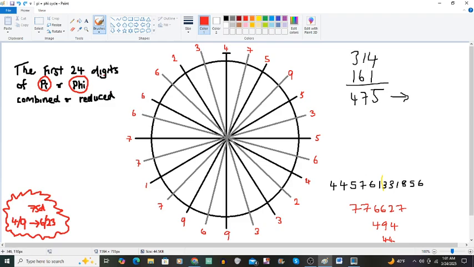It's kind of interesting how all this works. Maybe that's part of the reason why the year divides as it does, and time divides as it does.